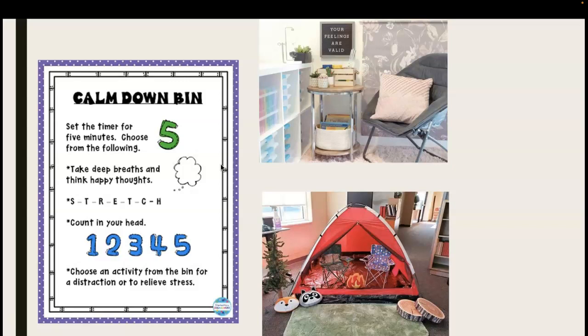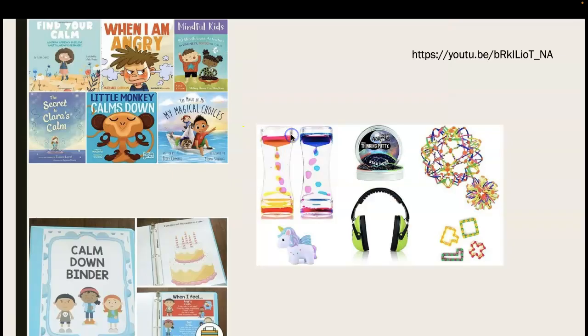It took up the whole corner of the room, and she set up a beautiful area under the tree where my students could go to their calm down bin, and we had a comfy chair, and we had a sweet little hedgehog, Hedgie. Anyway, this is an example of a way to use that strategy.